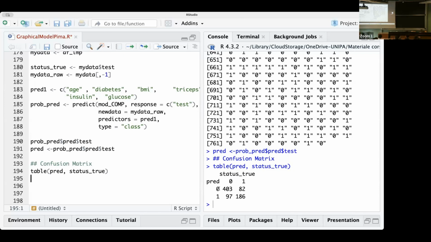Off diagonal you make some error, so false positive and false negative. Then you have true positive and true negative that are good. But check this one, because sometimes the models give you a good answer for, let's say, 0, but not a good answer for 1.